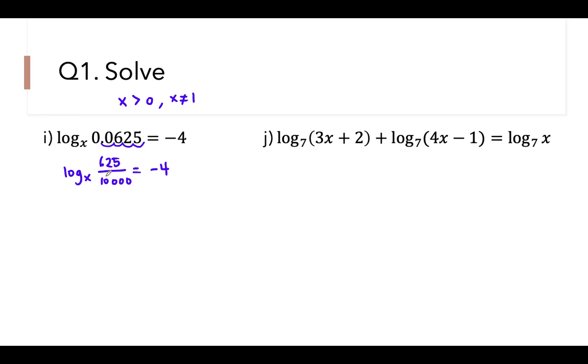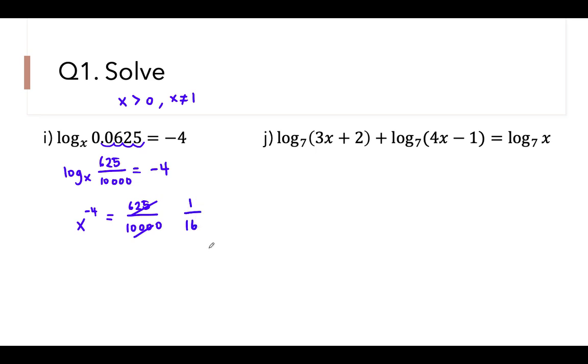Then I am going to change it to exponential form. So it's x to the negative 4 is equal to 625 over 10,000. Then you can reduce 625 over 10,000; this becomes 1 over 16.